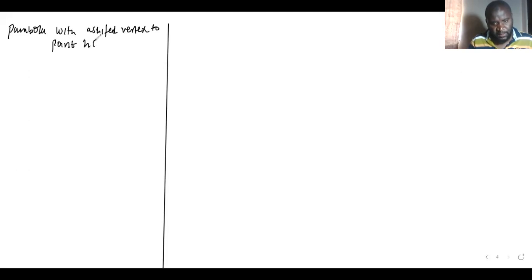Now, if the parabola is not having its vertex at the origin, what happens? Then its vertex will be shifted. So look at a parabola with a shifted vertex. The shifted vertex to a point (h, k).